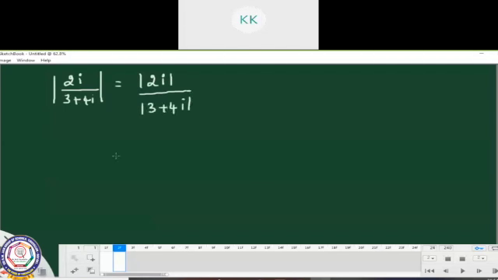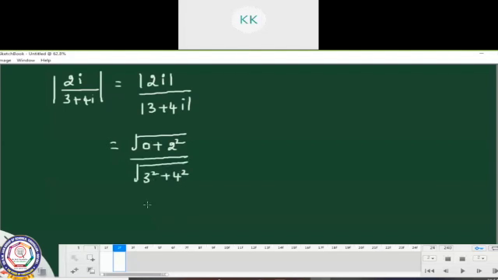Modulus of 2i, you know very well, the real part value is 0 and the imaginary part value is 2. That is root of x square plus y square, here x value is 0 and y value is 2. So I put 2 square by root of 3 square plus 4 square.